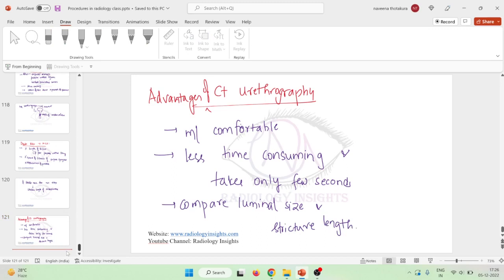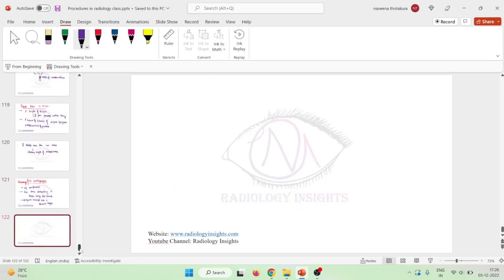Then, if there is any extraluminal pathology, that is, any tumor outside the urethra, outside the lumen, this can be detected with the help of CT urethrography. And it is also good patient compliance.